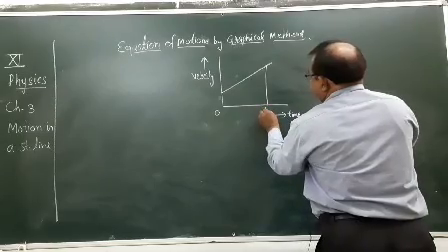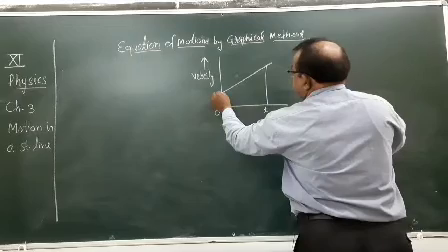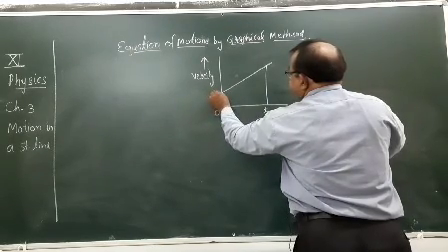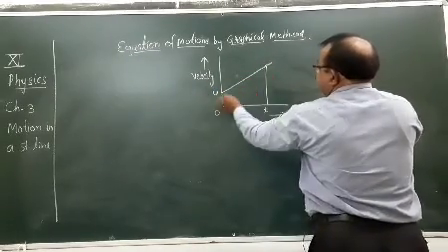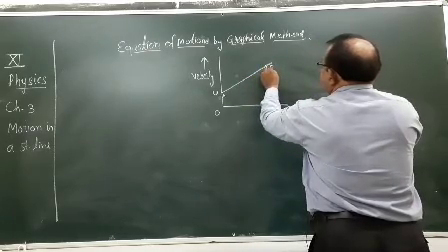This is time t. Here time t equals to 0. Here velocity, suppose it is initial velocity u. This is point A, okay, and this is point B.